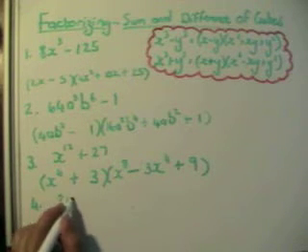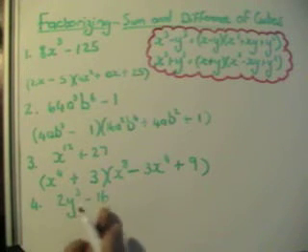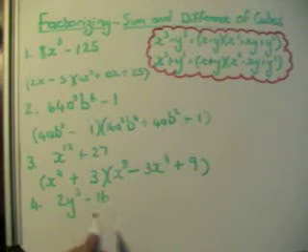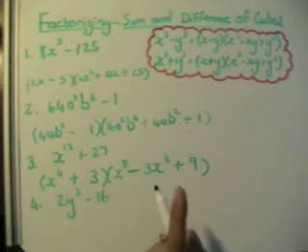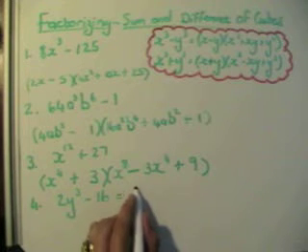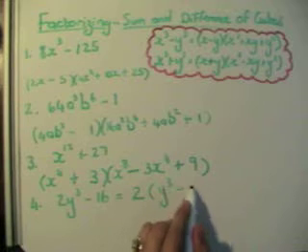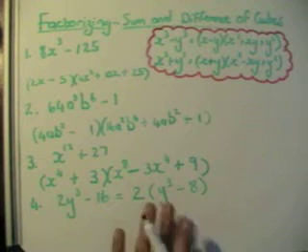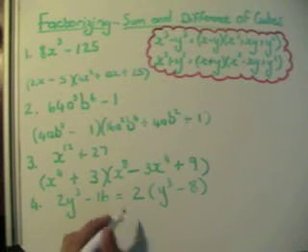Quickly see what happens if it looks like a difference of cubed numbers, but 2 and 16 are not cubed numbers. But remember, I told you must always first check if I can take out a highest common factor. So if I can take out a highest common factor, do that first, and you will see if you do take out the highest common factor, I'm left with a difference of cubes, which I can go and factorize.